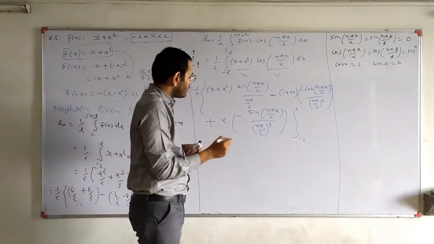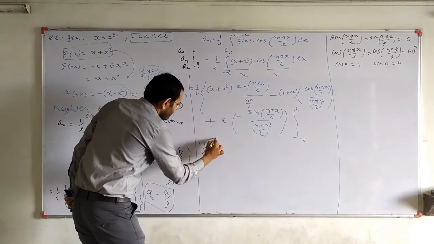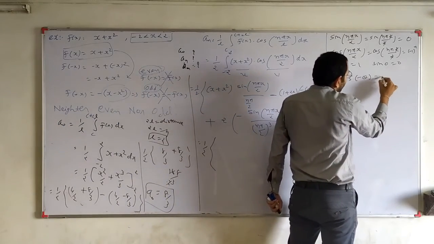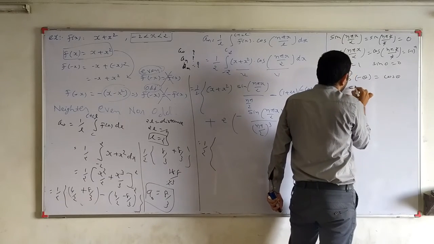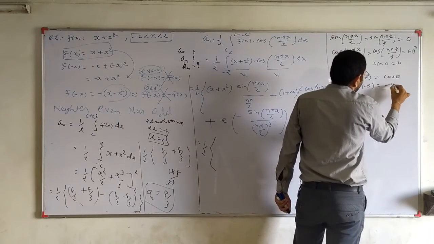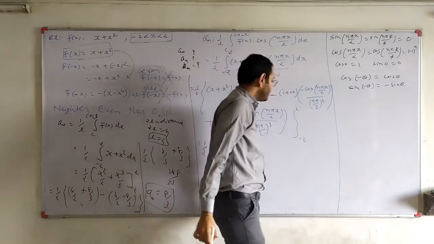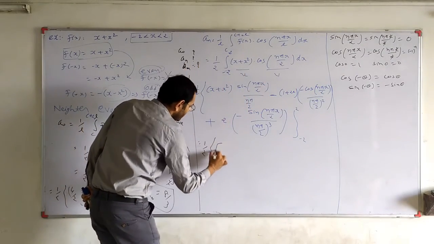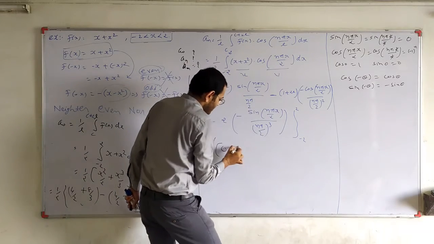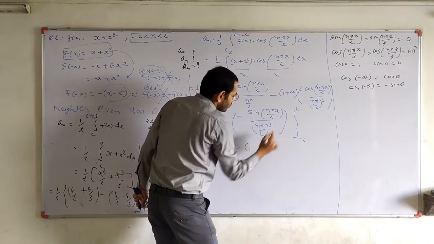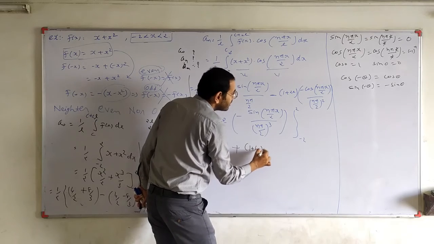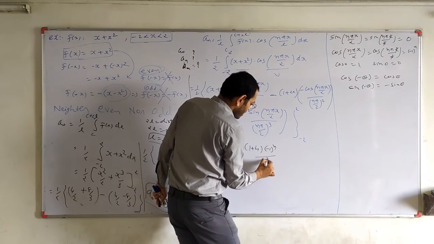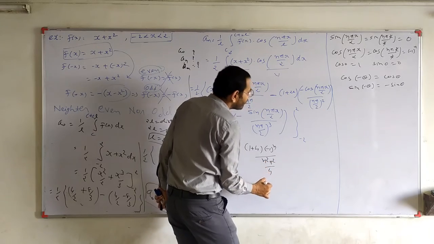Then substitute the values of upper limit and lower limit in 1 by 2. And another formula, that is cos of minus theta equal to cos theta and sin of minus theta equal to minus sin theta. Then here 2 cancels, sin n pi is 0, 0 into anything is 0, minus minus plus, then 1 plus 2, 2 twos are 4. Here 2, then cos n pi, that is minus 1 raised to n upon n square pi square by 4.